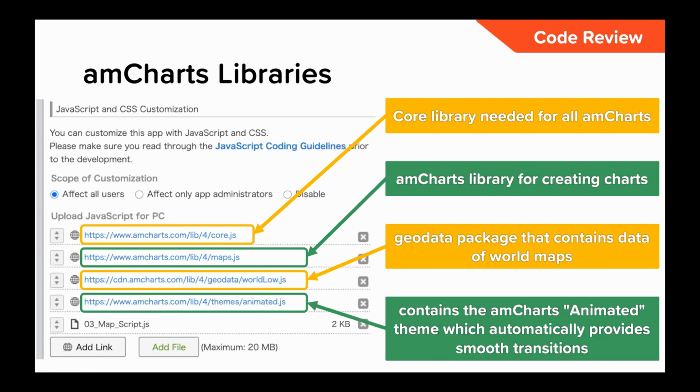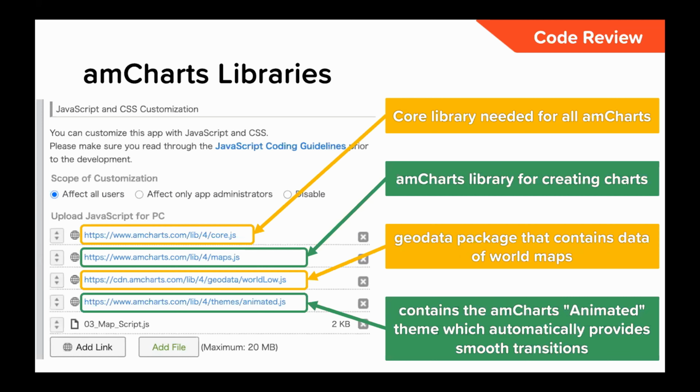We included a script for worldLow.js, which is a geodata package that contains data of world maps. And then animated.js is a particular kind of thematic transition that keeps things looking good. And that last file, map script, is what we built custom that pulls the whole thing together.